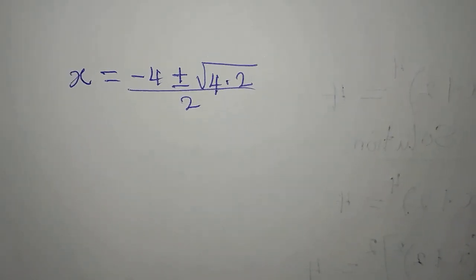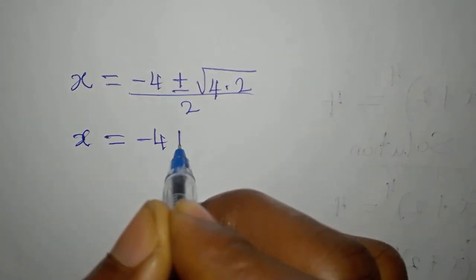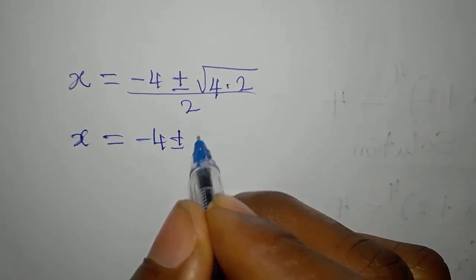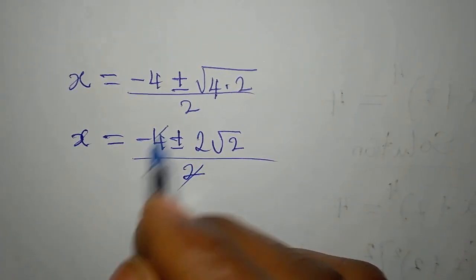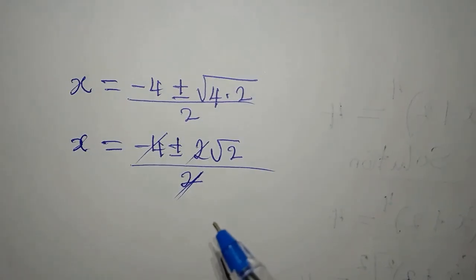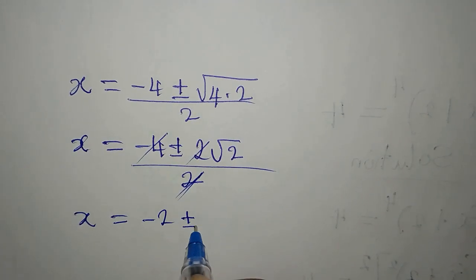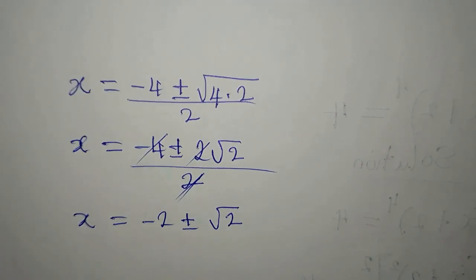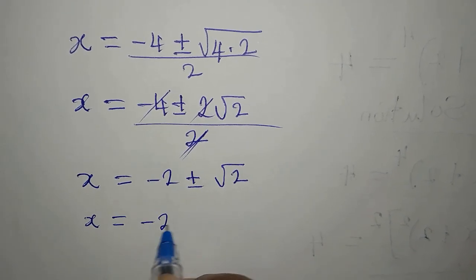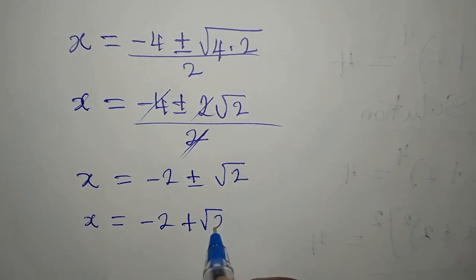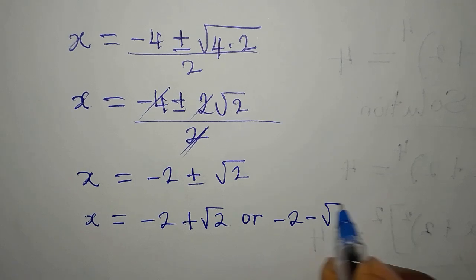So we continue from here. x will now be equal to minus 4 plus or minus the square root of 4, which is 2, then multiply by root 2 over 2. The 2 can go here, and the same 2 will go there. So now our x is equal to minus 2 plus or minus the square root of 2. So we are saying that x is equal to minus 2 plus root 2, or minus 2 minus root 2.